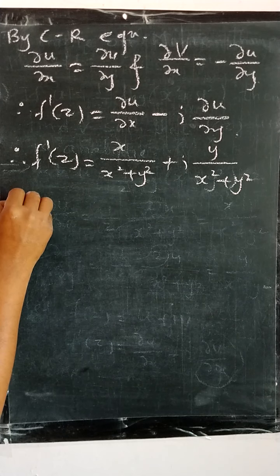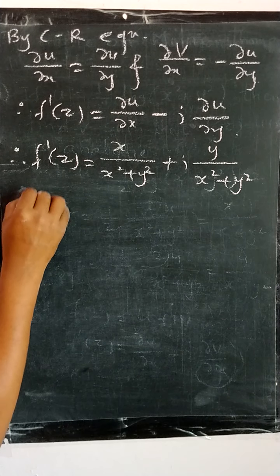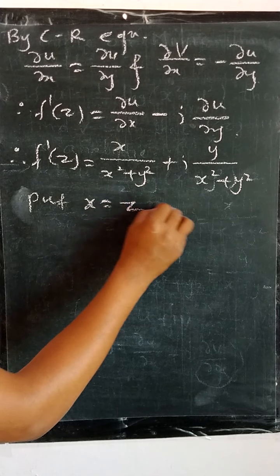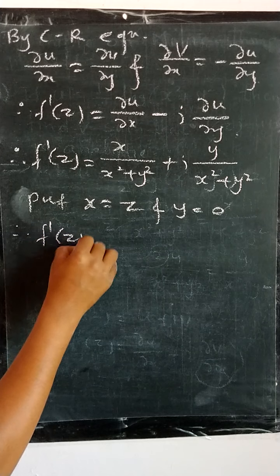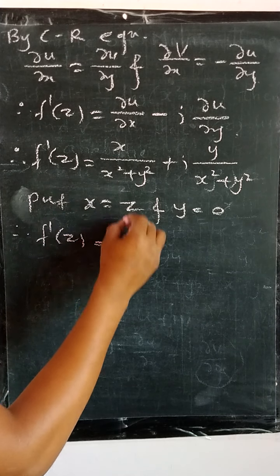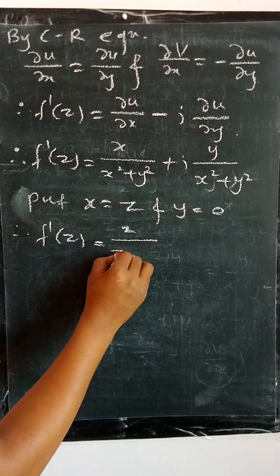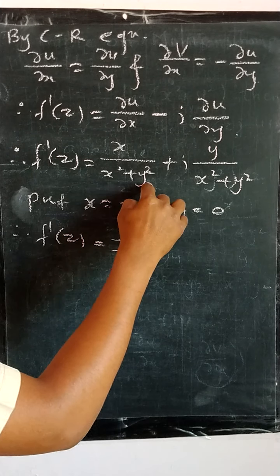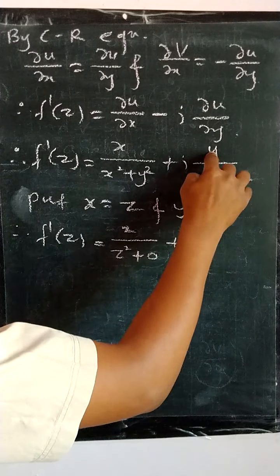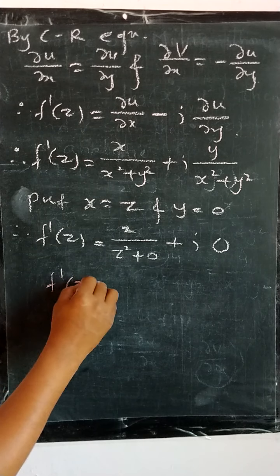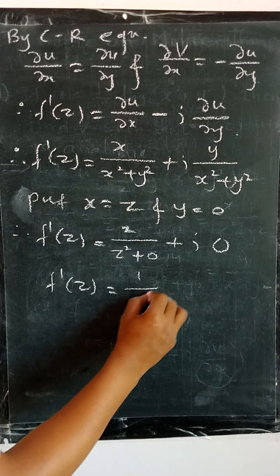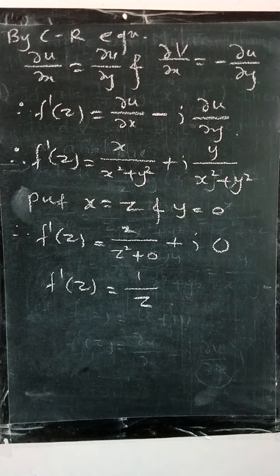So we put x equal to z and y equal to 0. We get f dash of z to be z upon z square plus 0, because y is 0, plus I times 0 upon anything is 0. So therefore f dash of z will be 1 upon z, because z upon z square is 1 upon z.